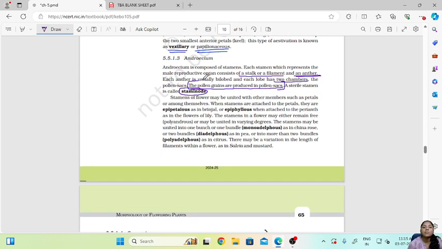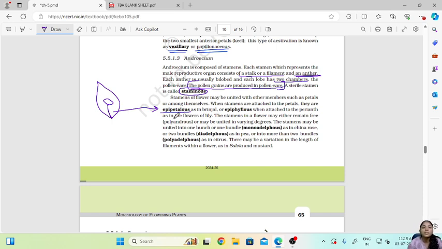The stamens of flowers may be united with other members such as petals or among themselves. When stamens are attached to the petals, they are called epipetalous. They could be called epiphyllous when attached to the perianth, as in flowers of lily. The stamens in flowers may either remain free or may be united in varying degrees.